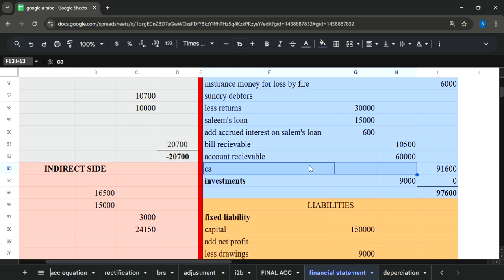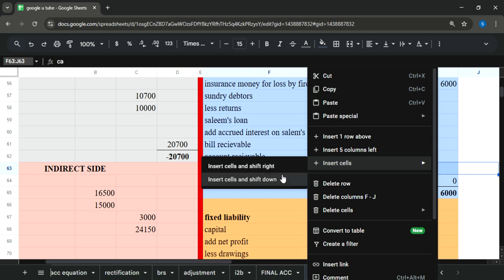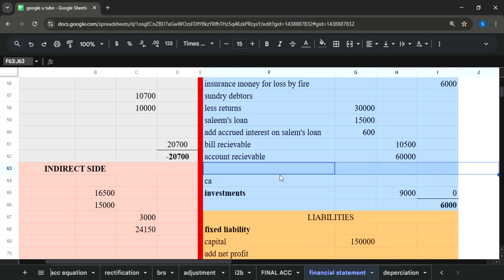Let's delete it so that we can have a proper place. So here we have got another line, and the first line would be cash in hand and the second line would be cash at bank.